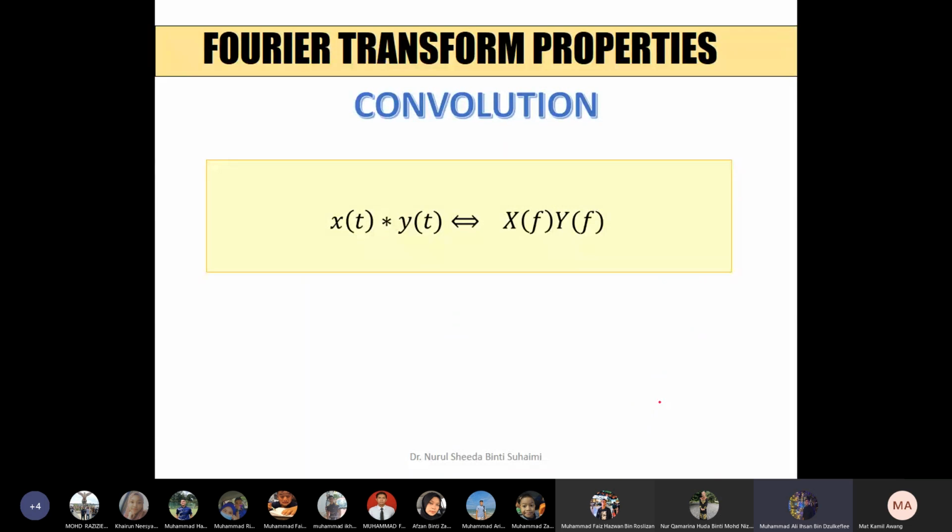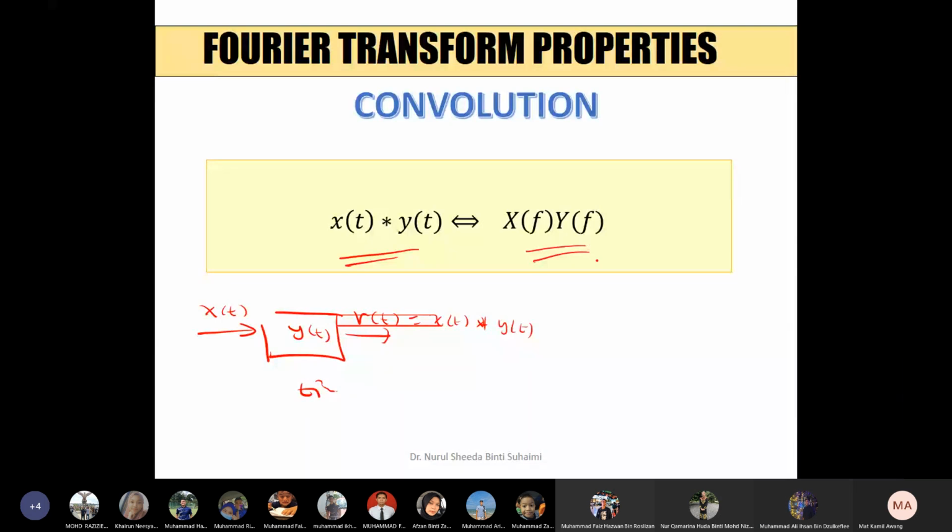Convolution. This is important. A convolution in the time domain results in multiplication in the frequency domain. So basically if you have a system like this in the time domain, x of t, y of t, this is equal to x of t convolved with y of t.